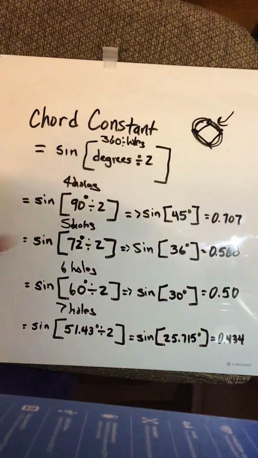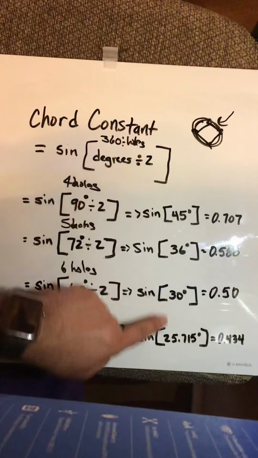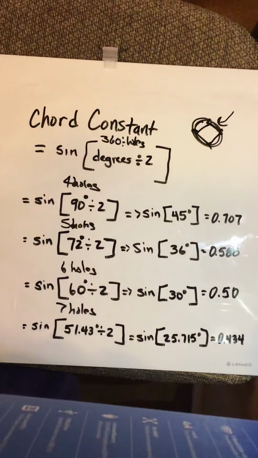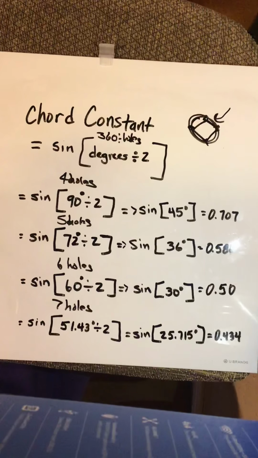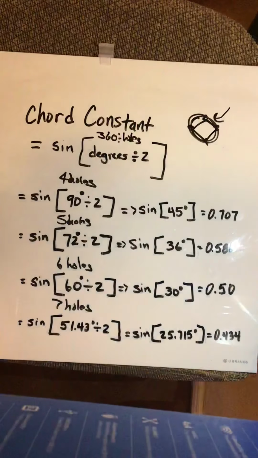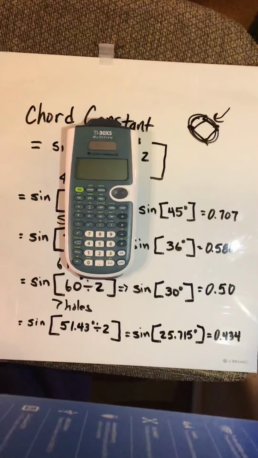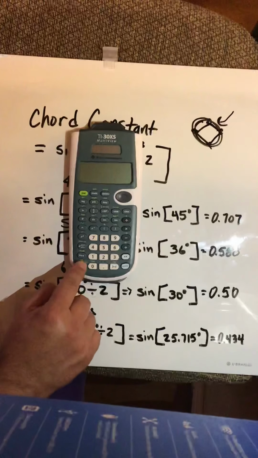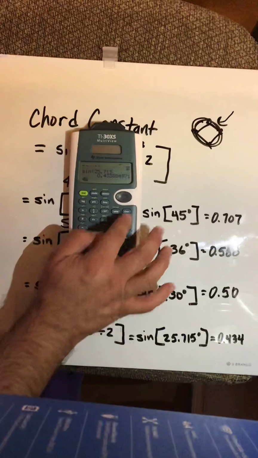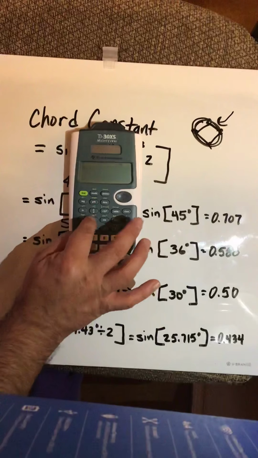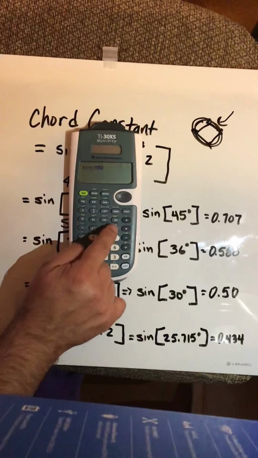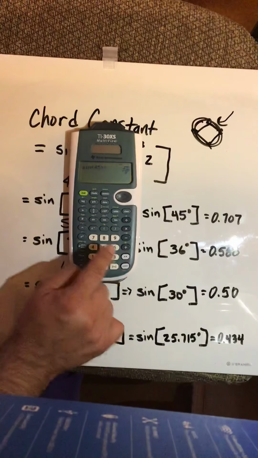Okay? So I'm going to take these numbers and take the sine function. If you remember from the previous lesson how to find that, if you have a TI calculator like this, all I'm going to do is take the sine of 45, let me close that parenthesis.